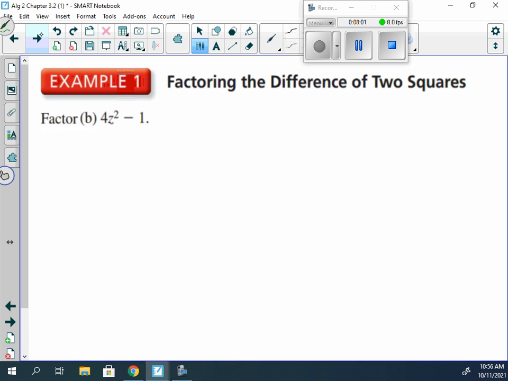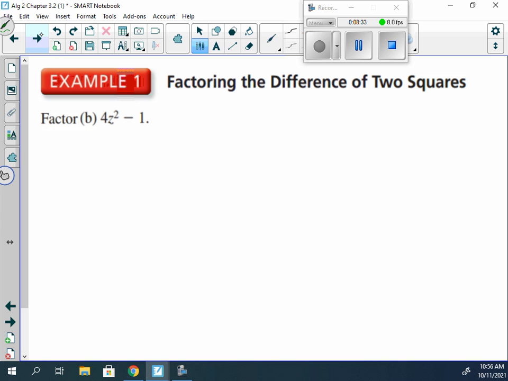4z squared minus 1. Is 1 a perfect square? Can we rewrite 1 as a number times itself? What's 1 times 1? 1, yes? So really, 1 is a perfect square, and even a perfect cube, because we can have 1 times 1 times 1, which is still 1. 1 multiplied by itself, no matter how many times, is still just 1.